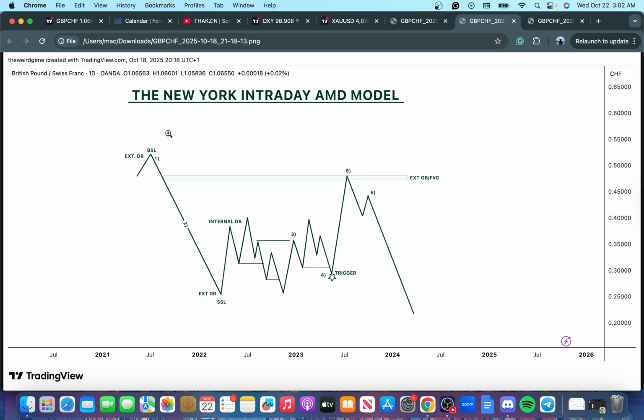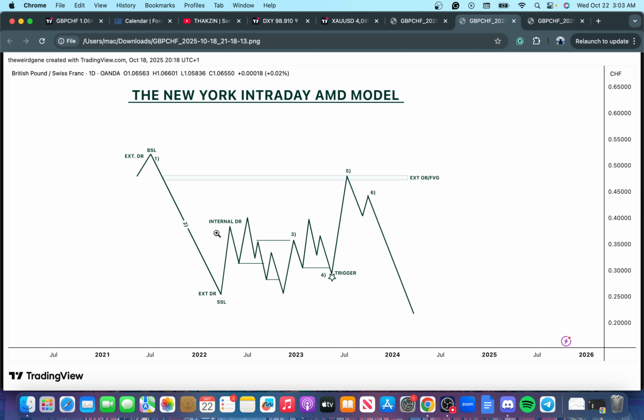But the entire premise here is that we are looking at that market driving up into that premium, and the whole narrative for the AMD model simply is a play on weak liquidity. Now, when the market is trending in one direction, maybe the market is moving up or the market is moving down, there's always going to be vested interest from market participants to want to align themselves with the direction of price.